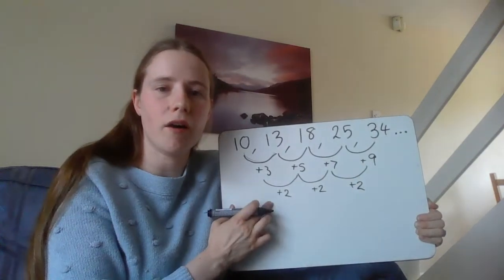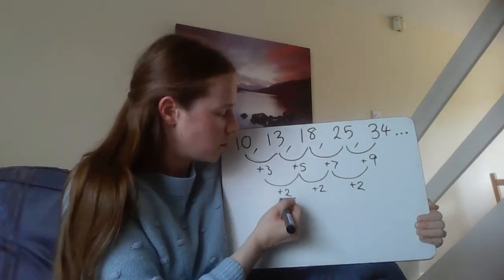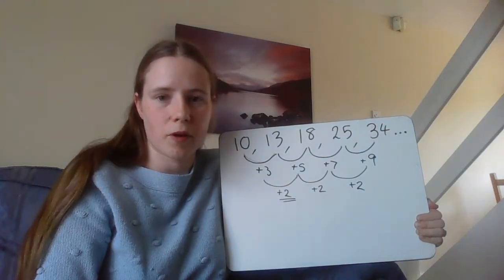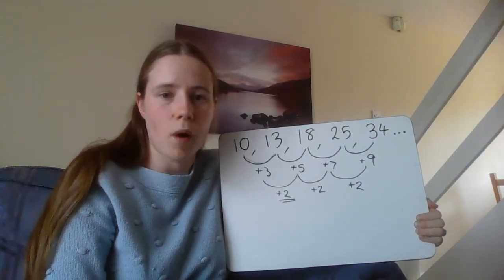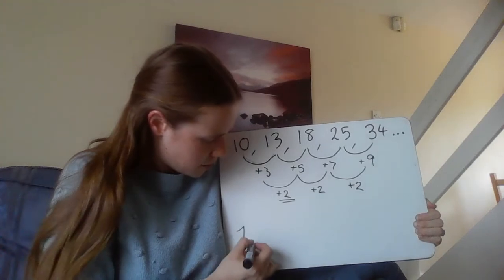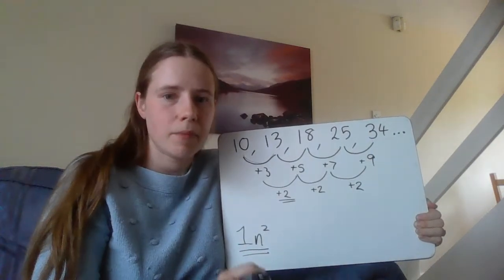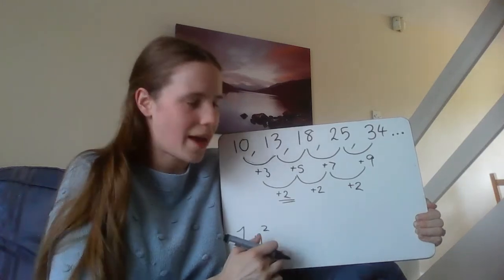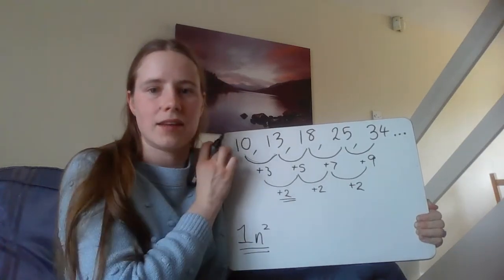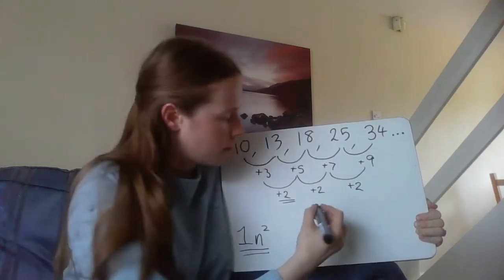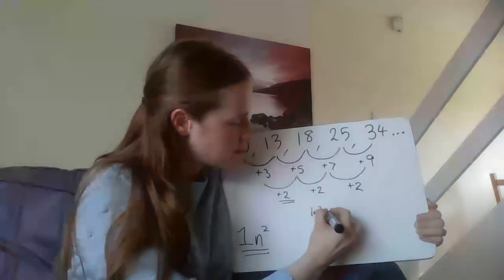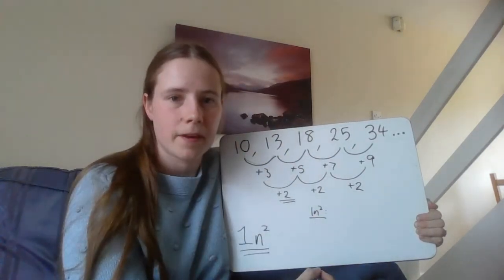We have to half this number in order to find out how many n squareds I've got. Half of 2 is 1. So I know my sequence is related to 1 n squared. But I then have to think about what I have to do to edit 1 n squared to get to the sequence I want. The sequence of 1 n squared is just the square numbers, okay?